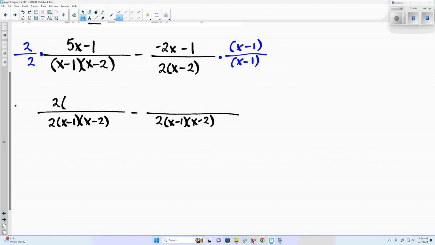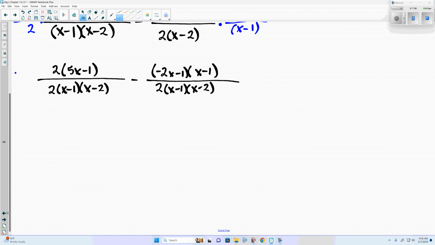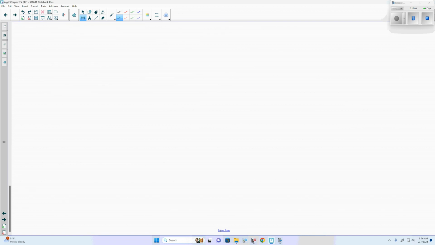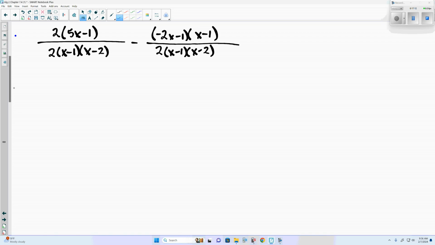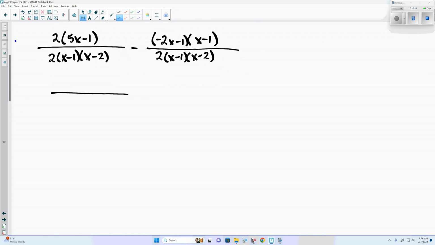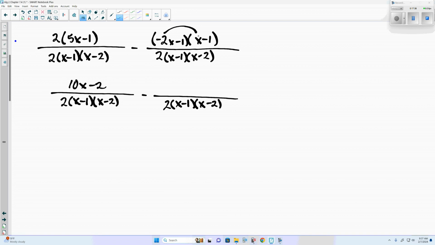Now our numerators, we're going to multiply them together. Now at this point we can multiply out. 2 times 5x is 10x. 2 times negative 1 is negative 2. Well, we have negative 2x times x.